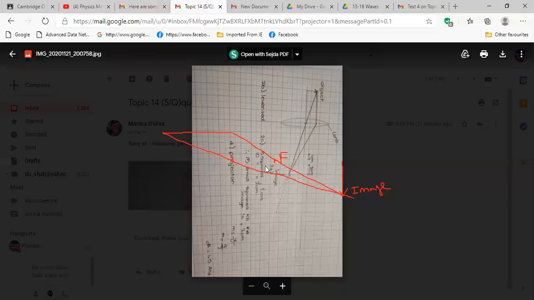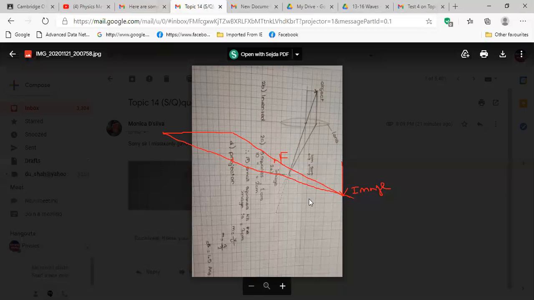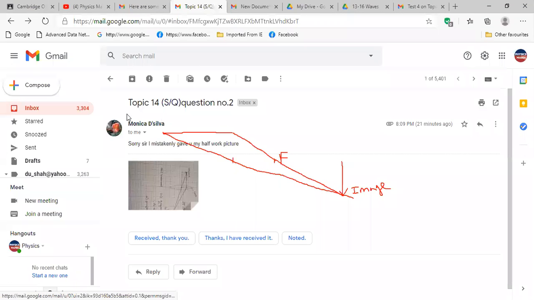So, question 2, you lost how much? 1 mark, right? Yes, sir. So you gave your minus 1, right? Now count your marks. Count all the marks.